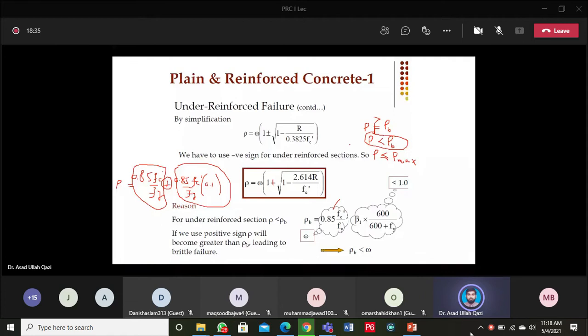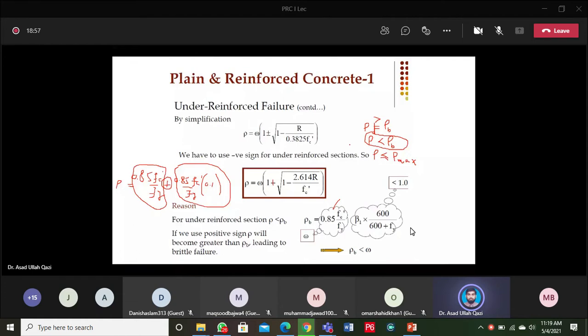However, with the negative, obviously, from omega, the second term will be subtracted. So in this way, the resultant rho can't be greater than rho balanced.